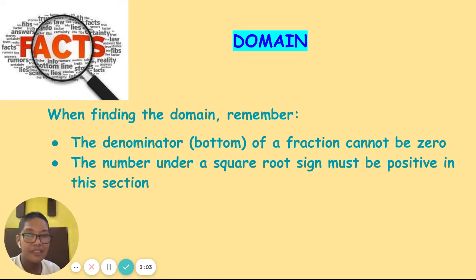Imaginary lang po. Hindi siya real. So, dapat po real numbers. May term pong ganun sa mathematics, imaginary number po. Okay? Later on, makikita nyo po yun sa mga series of examples.